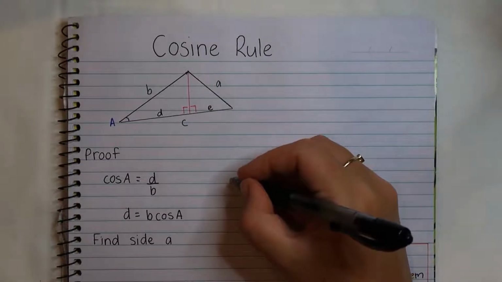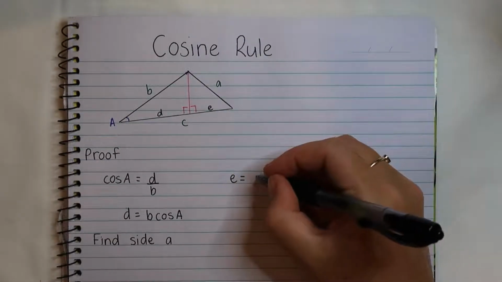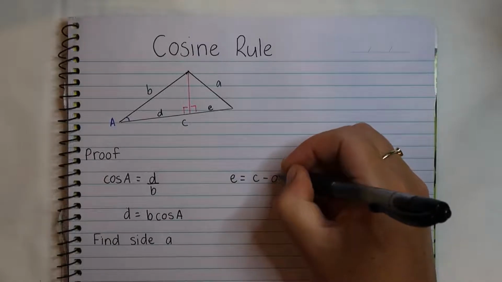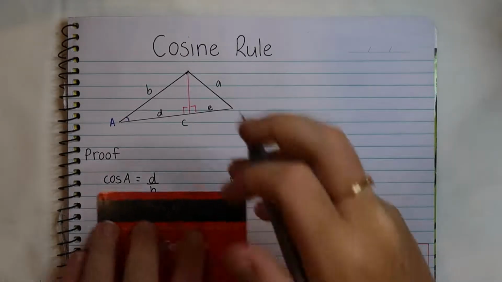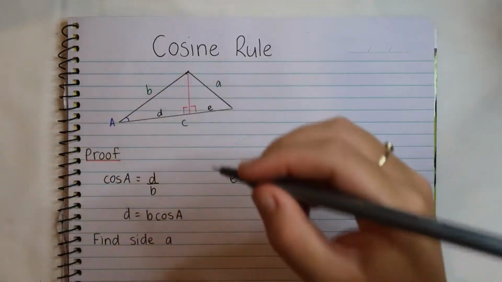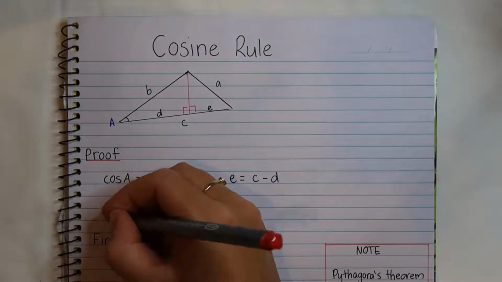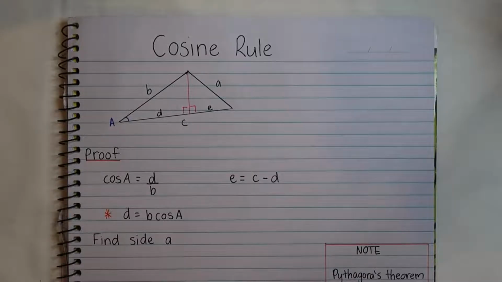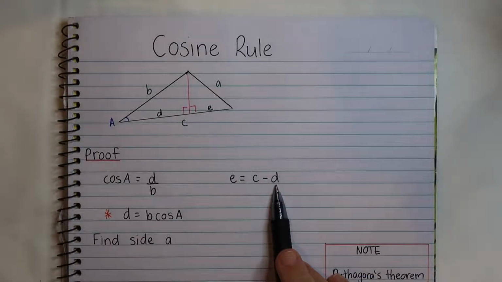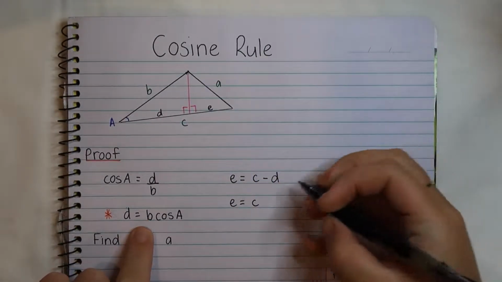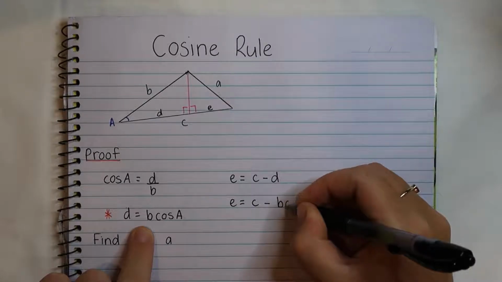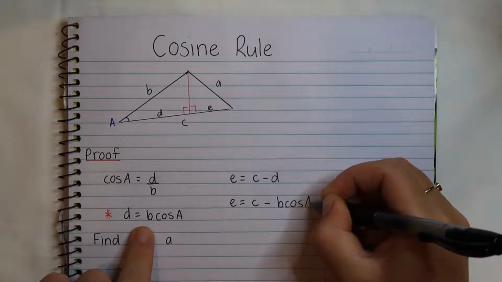E is going to be equal to C minus D. So this was to find D, and now we're going to find E. We already know the term D, so we can rewrite this as E equals C minus B cosine angle A.